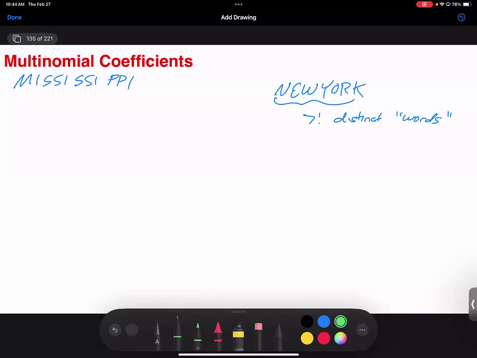So let's call it I1, I2, I3, I4, S1, S2, S3, S4, and then P1, P2. And just so M doesn't feel all alone, we'll give M a subscript of 1. So now we have 11 distinct letters. We'll count S1 different than S2. So now, how many ways can we reorder these letters? Well, now we have an index.